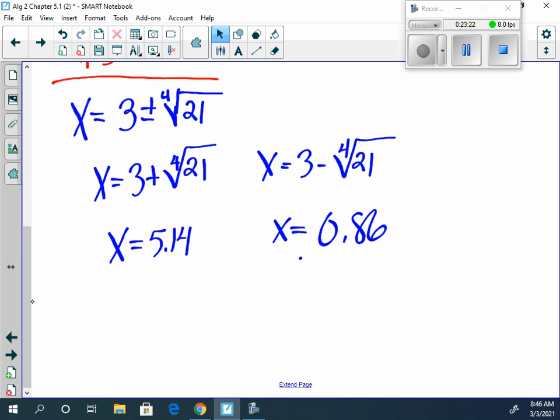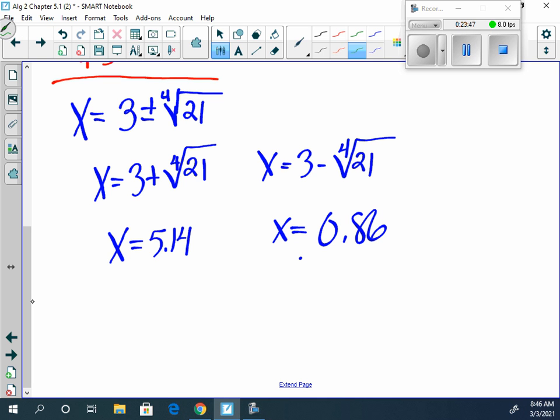I am not going to make you go through the process of finding the fourth root of 21 by hand, because square roots are hard enough as it is, let alone doing fourth roots by hand. It's not something you would want to do.